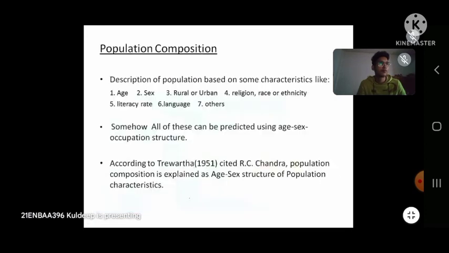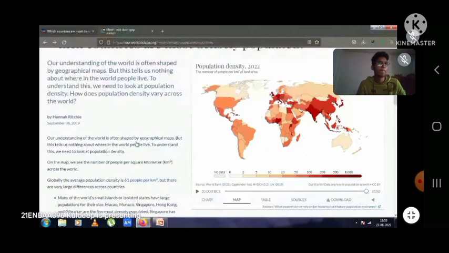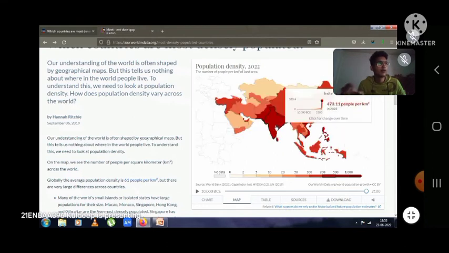Now this is our next topic. Let's have another look at the world density. This is from the Our World in Data website, and if you look at the Asia continent, then India has about 473 people per square kilometer. That is the population density of India in 2022.